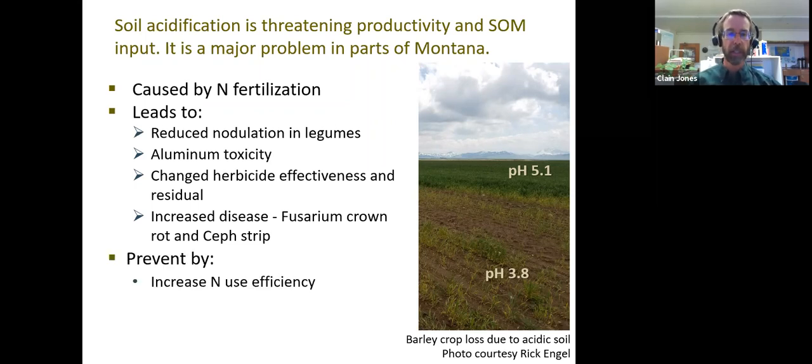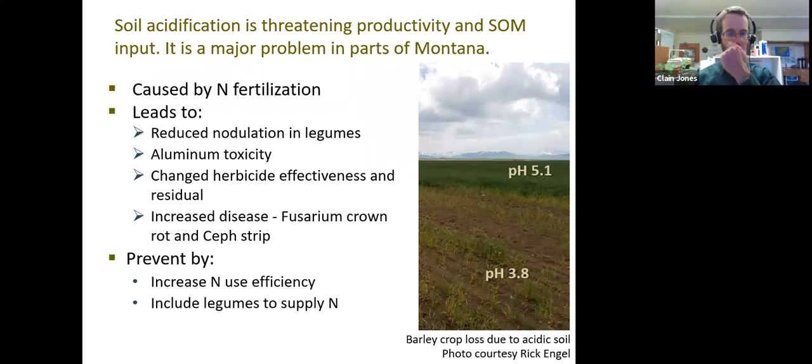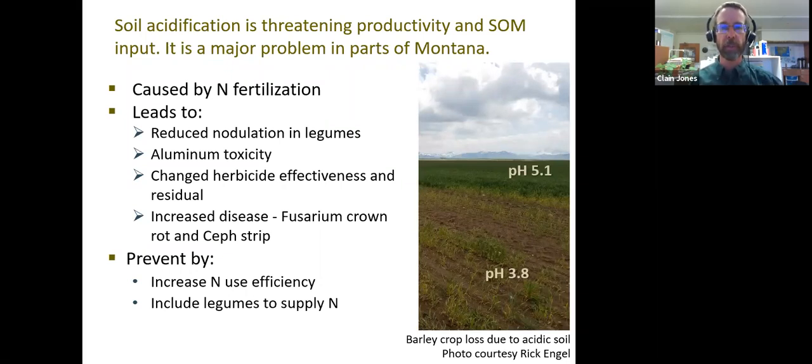Increased disease. We can prevent it by doing any practice that increases nitrogen use efficiency. We can include legumes to supply nitrogen and reduce N needs, and we can plant crops like, say, malt barley that require less nitrogen than, say, spring wheat.